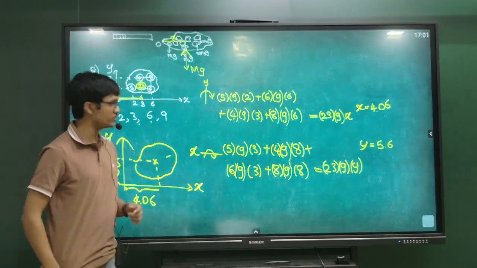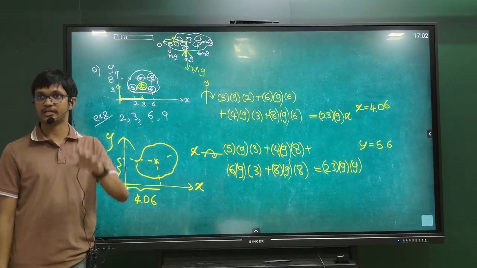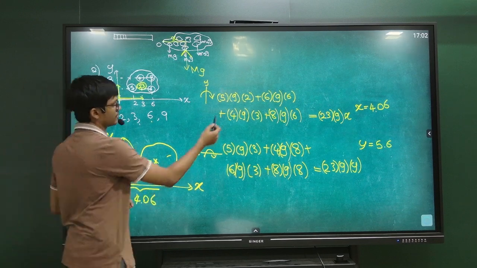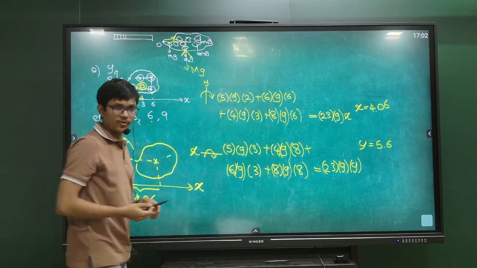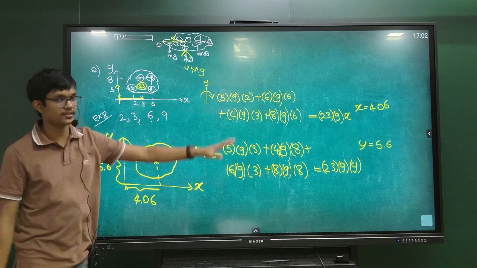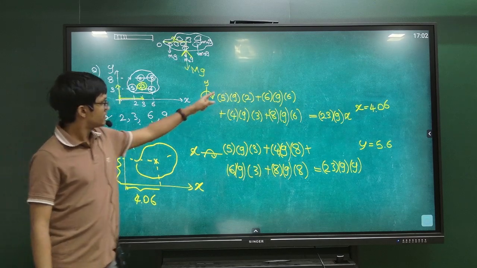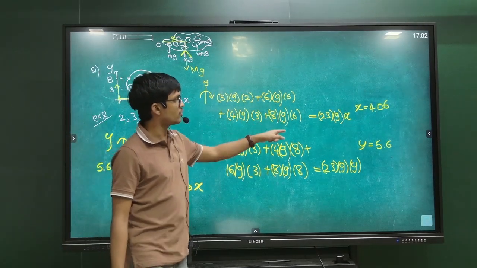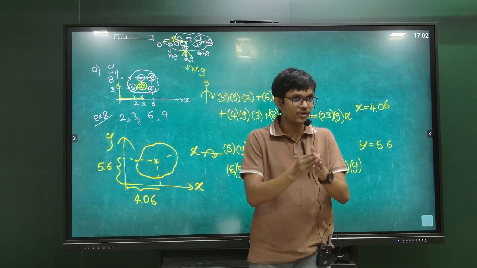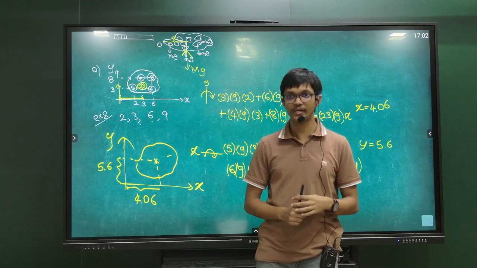You can cancel out g. Attention everyone. Why? There's no point of writing g, right? You can write it later. Just focus here. You can remove this g because it's common to the whole equation.